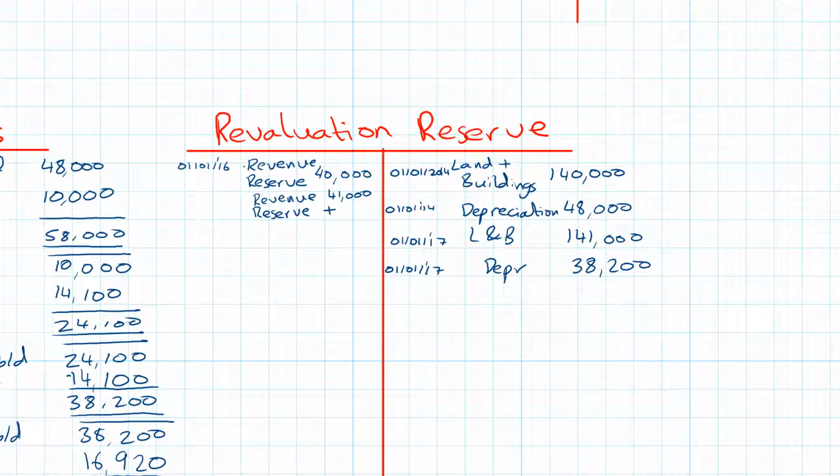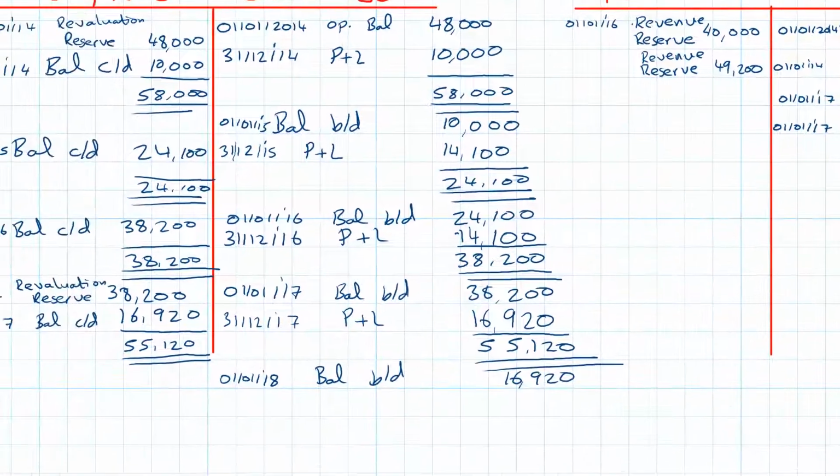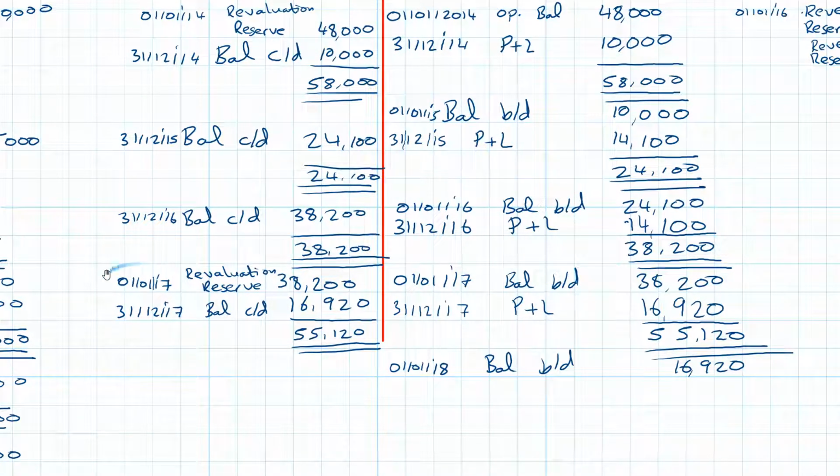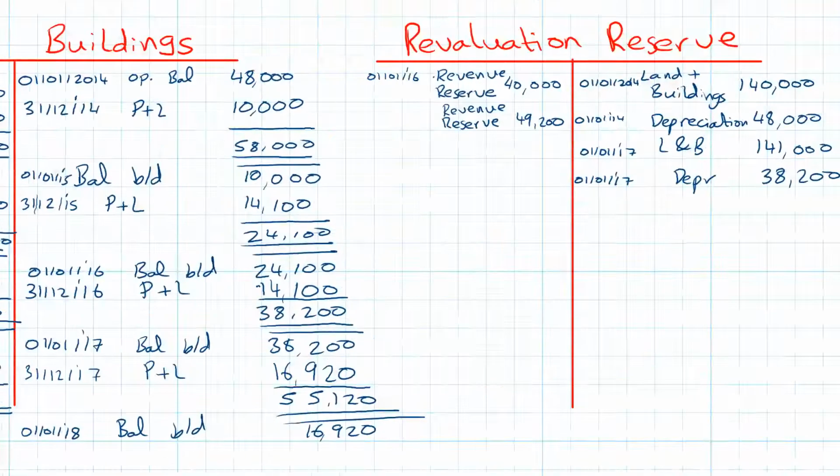So we can say plus 8,200. So I'm just going to change that to say 49,200. It's because remember we got rid of the depreciation. Yeah, it went to revaluation reserve. So we have to take that out and add it to a revaluation reserve.